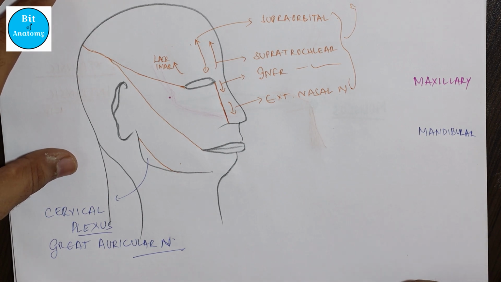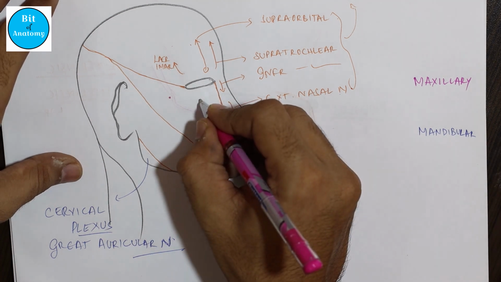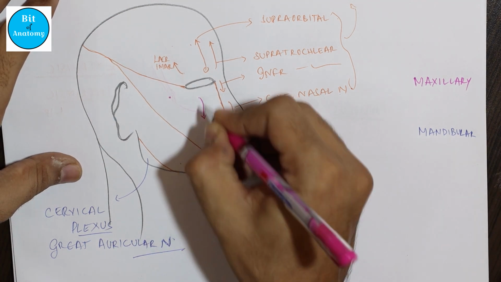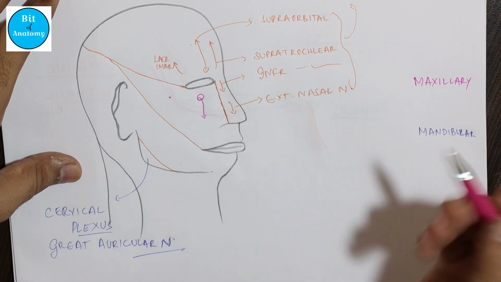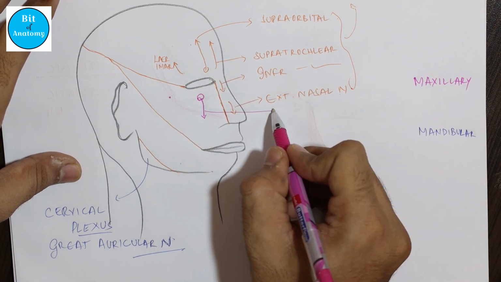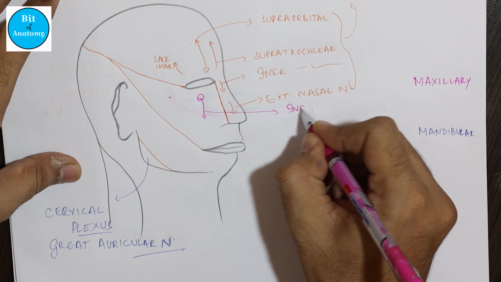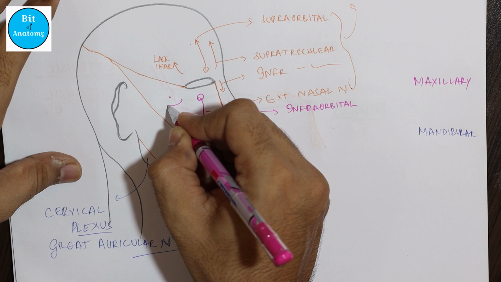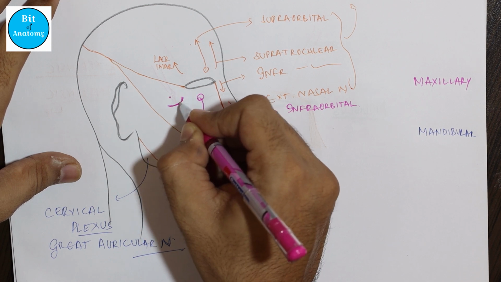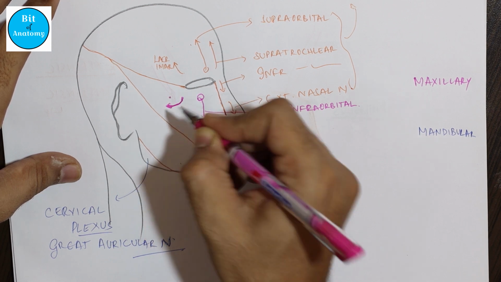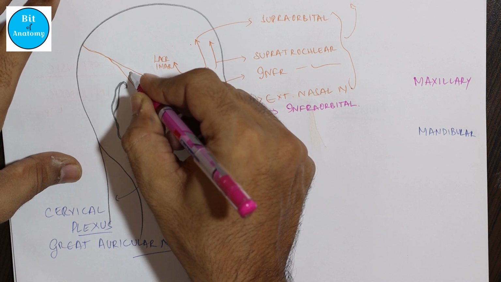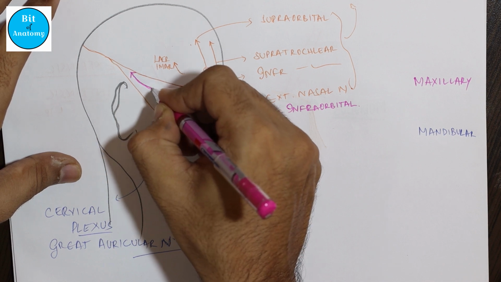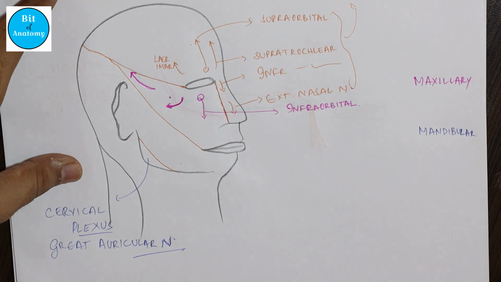Whereas the maxillary division provides three branches. One is present below the orbit, which is known as the infraorbital. Then one emerges from the zygomatic bone and supplies the face, and one emerges from the zygomatic bone and goes towards the temporal region.